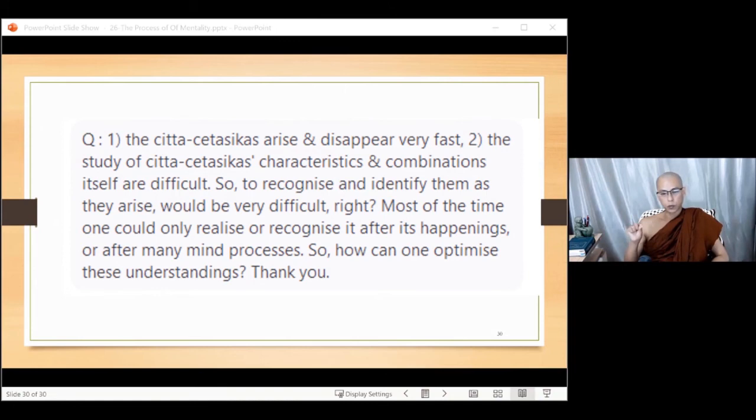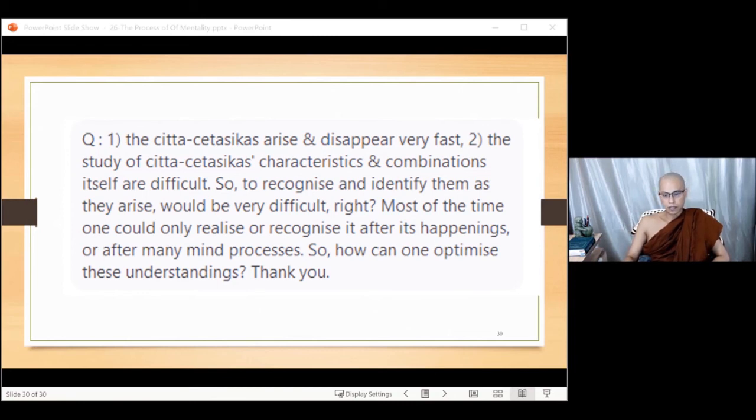But you can catch one characteristic, because the consciousness can take one object at a time. So, for example, the feeling at the moment, and in that group, and the similar group repeating, and then you learn about the sanya, perception, etc. And then you can identify.